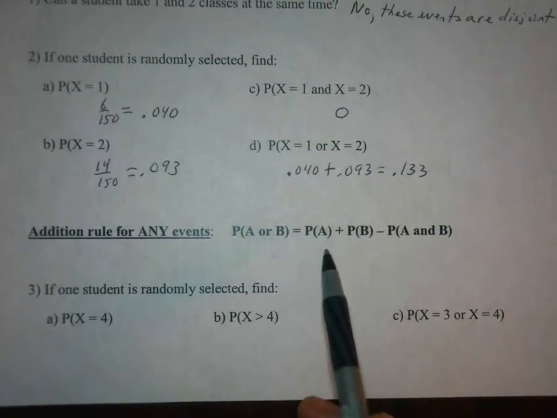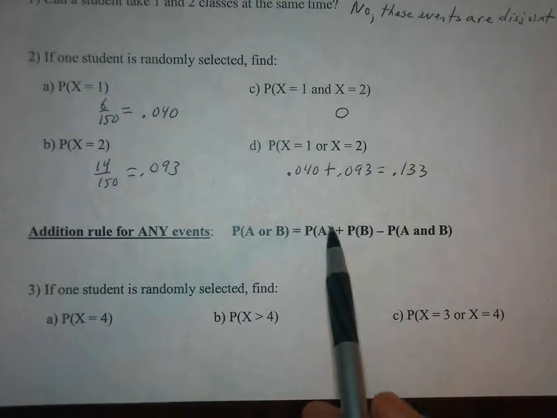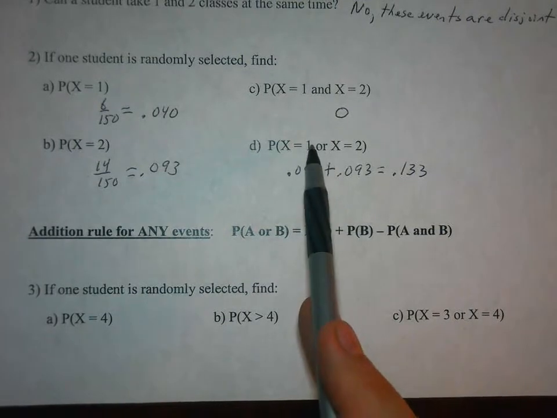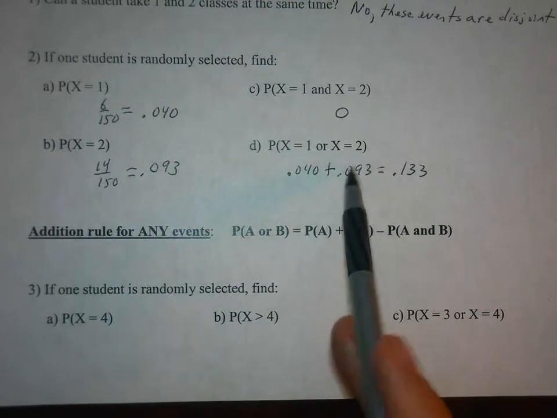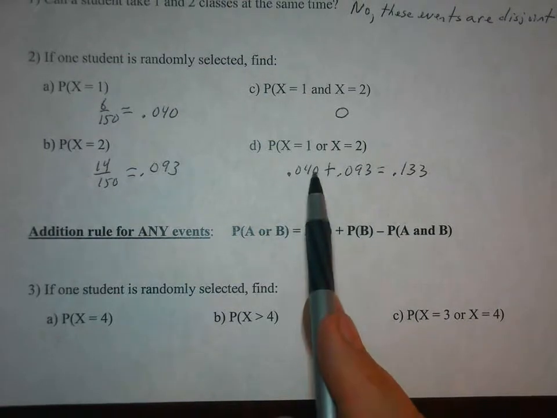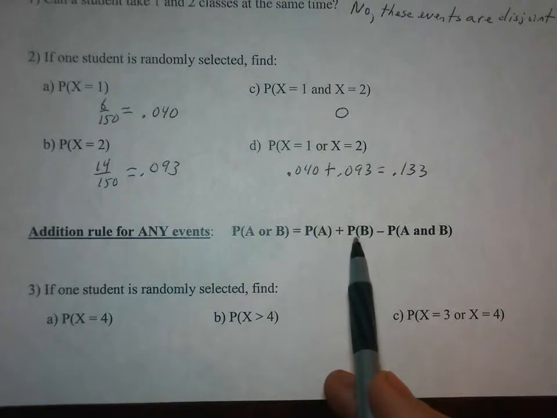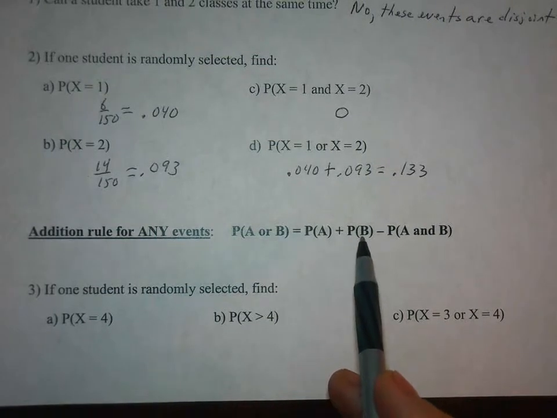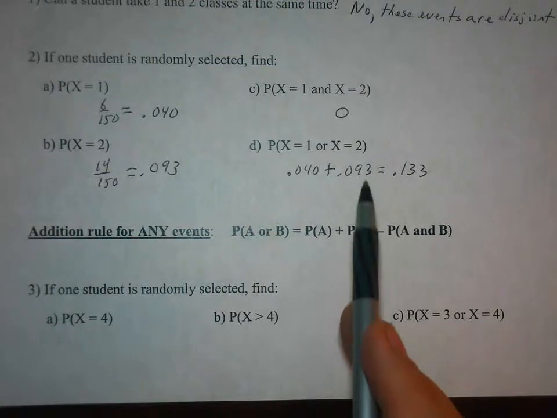So if we select one student, let's just say we're looking at x equals 1 or x equals 2. The probability of A, so the probability of choosing a student that said they take 1 class is 0.04, plus the probability of B. We'll say that event B is that a student said they're taking 2 classes.